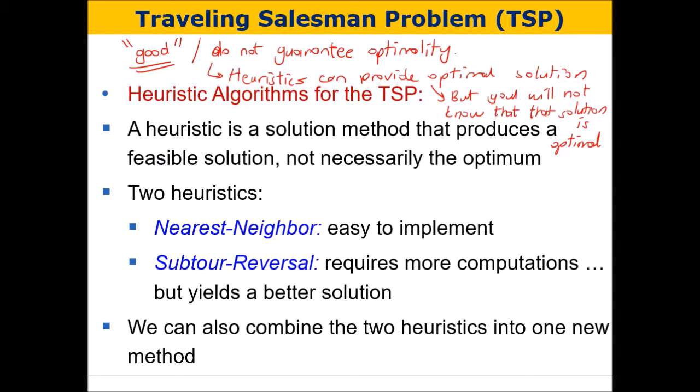Then why do we need heuristics? As we explained for the TSP, the number of feasible solutions is huge. There are a lot of feasible solutions that you need to evaluate to find the optimal solution. Even with intelligent methods like the branch and bound algorithm that we have seen, you will still not be able to find the optimal solution in a reasonable amount of time. But you need that solution in a short time.